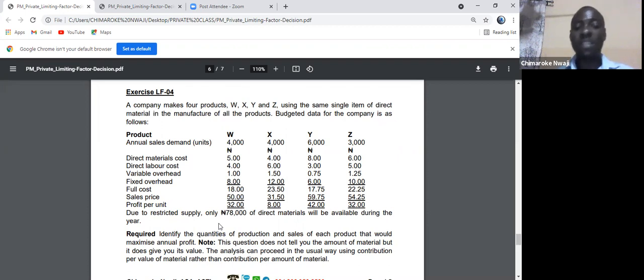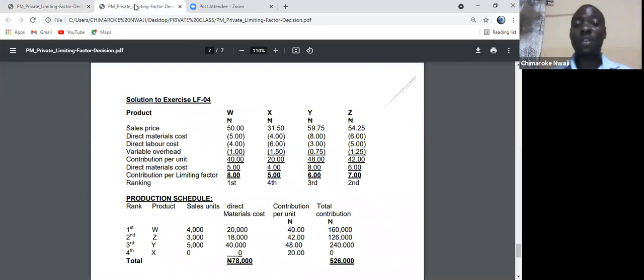So it means that this is not given to us in kilogram or in units. That's why I said it's not direct material usage. It's given to us in naira value. So it is material costs that is your limiting factor.